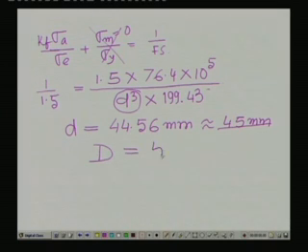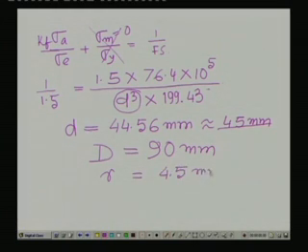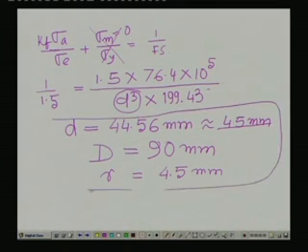Capital D will come out to be twice this, that means 90 mm, and R will be 0.1, so 4.5 mm. So, here goes the final value of the design.